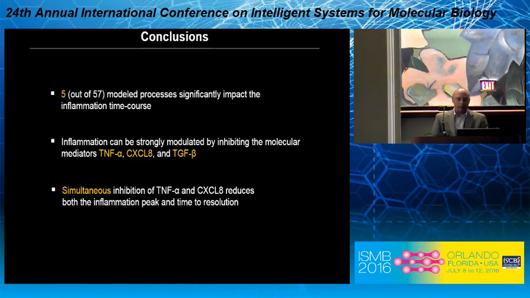And the third conclusion is that simultaneous inhibition of TNF-alpha and CXCL8 can reduce both the inflammation peak and time to resolution. And I would like to add that we are currently collaborating with an experimental group to test these computational predictions in a mouse model of chronic inflammation.